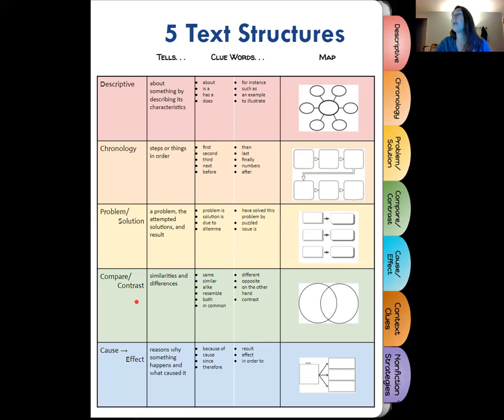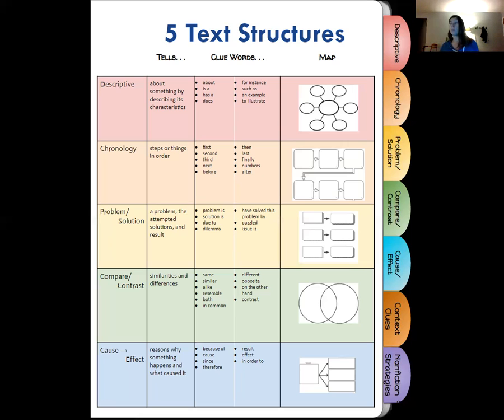Then we have a compare and contrast text structure, which tells you about the similarities and differences of at least 2 different things, sometimes maybe more.